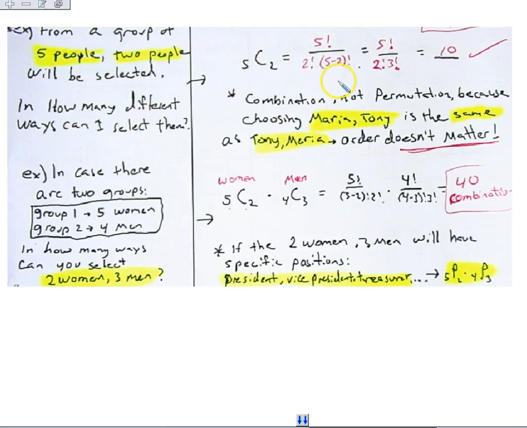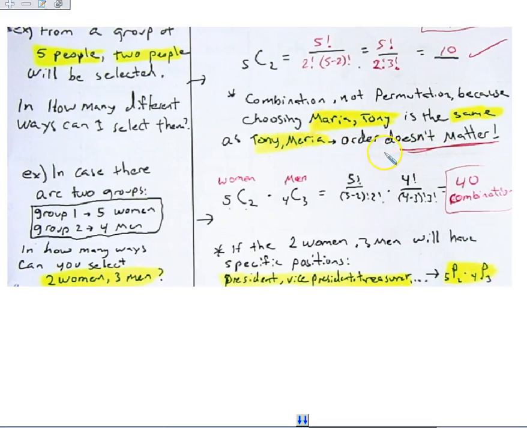And if we work it out, we get that the answer is 10. Now, we use 5 choose 2, and it's a combination, not a permutation, because choosing, let's say, Maria and Tony, to us it's the same thing as choosing Tony and Maria. In other words, the order doesn't matter.